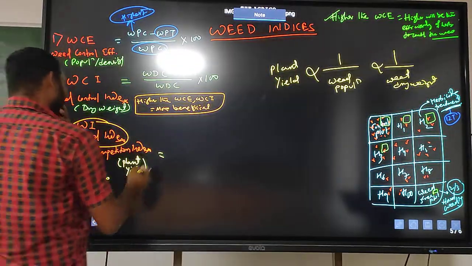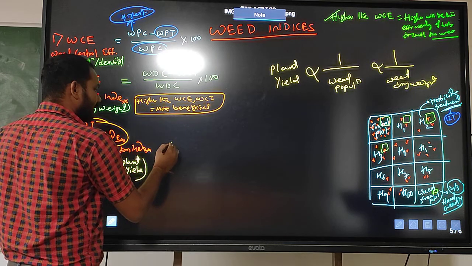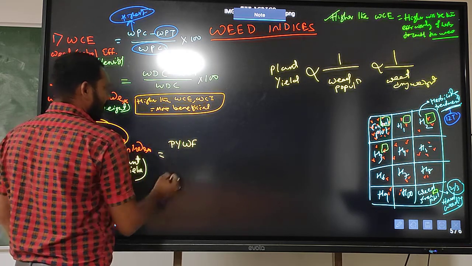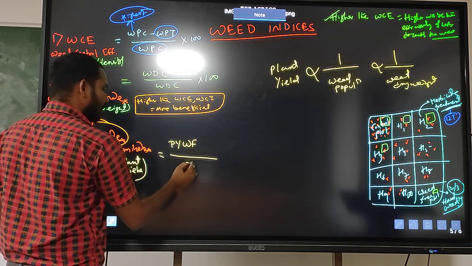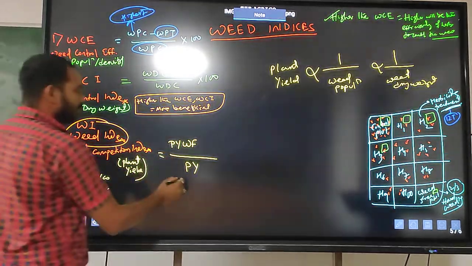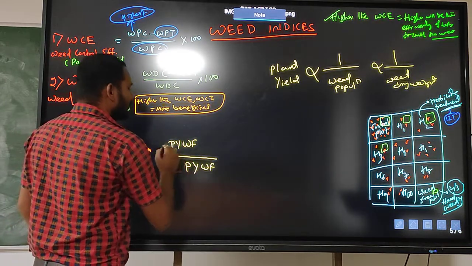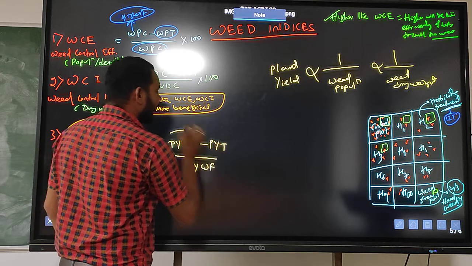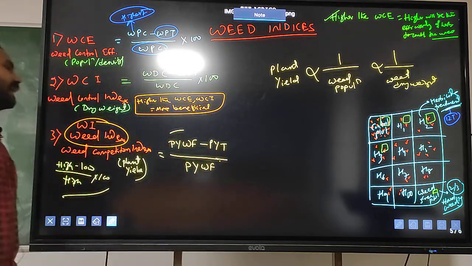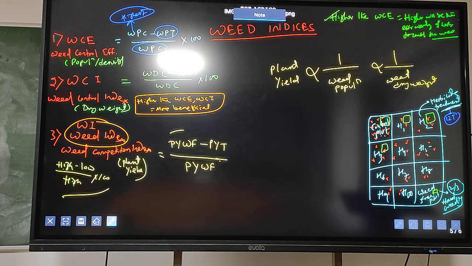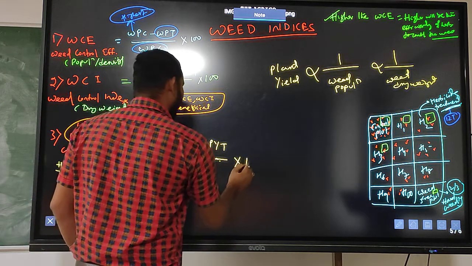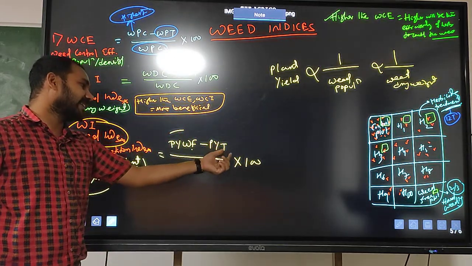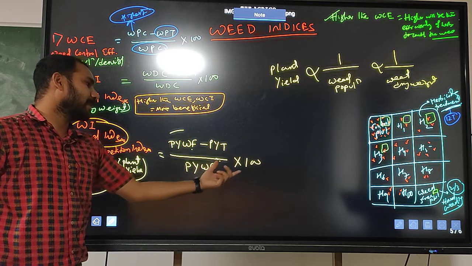So you can say the plant yield in the weed-free plot is the high value. So the weed index is plant yield in weed-free plot minus plant yield in treated plot, divided by plant yield in weed-free plot, into 100.